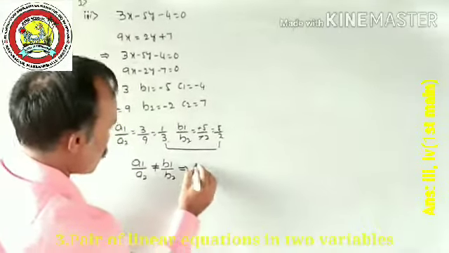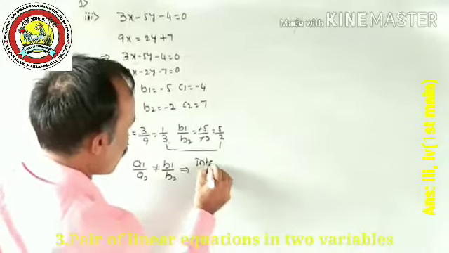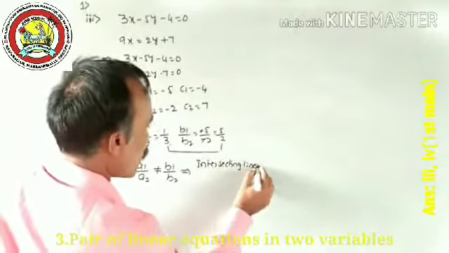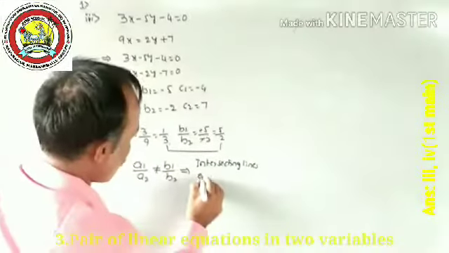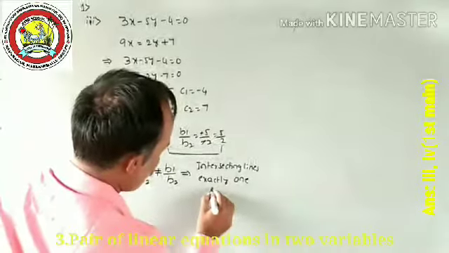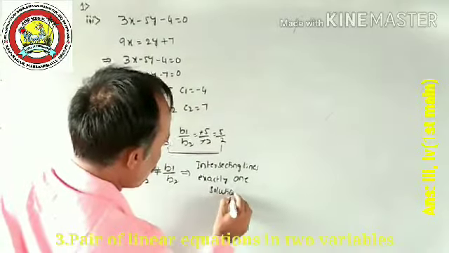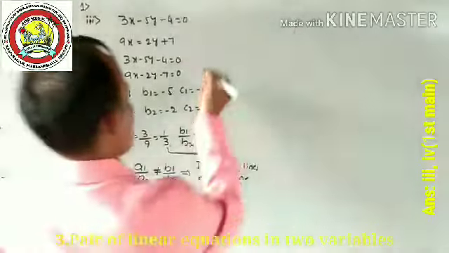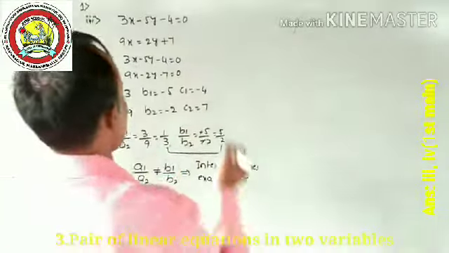This implies intersecting lines. What about the solution? Exactly one solution. This is the first part, and it is compulsory. Now let's see the second part, finding the solution.